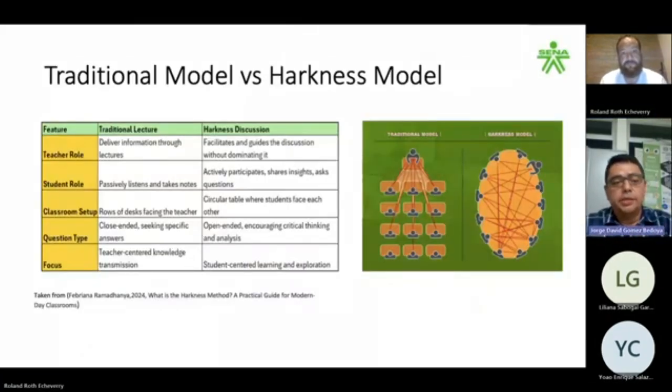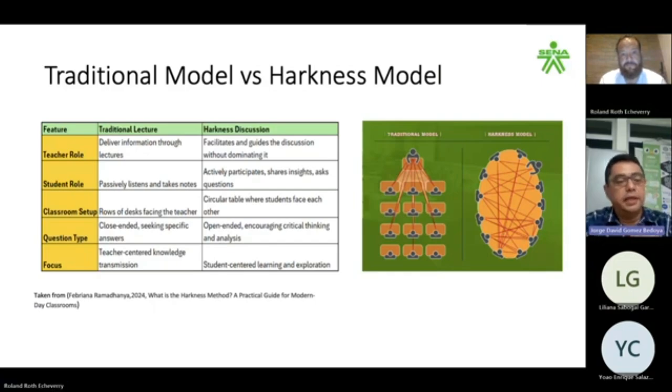As we can see in the slides, the traditional method has different roles. The teacher's role is to deliver information through lectures, and the student passively listens and takes notes.